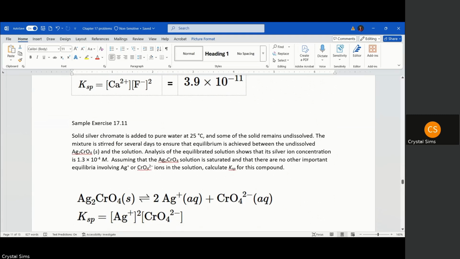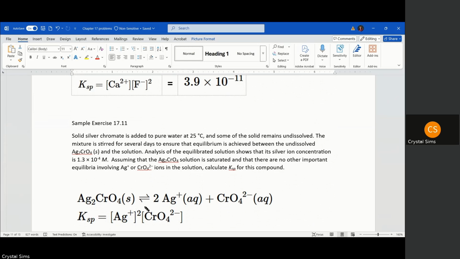So when we set up our expression, we have to square, or raise to the power of 2, our silver ion concentration. Okay, so that's our expression for determining the KSP. All right, so that's step 1.